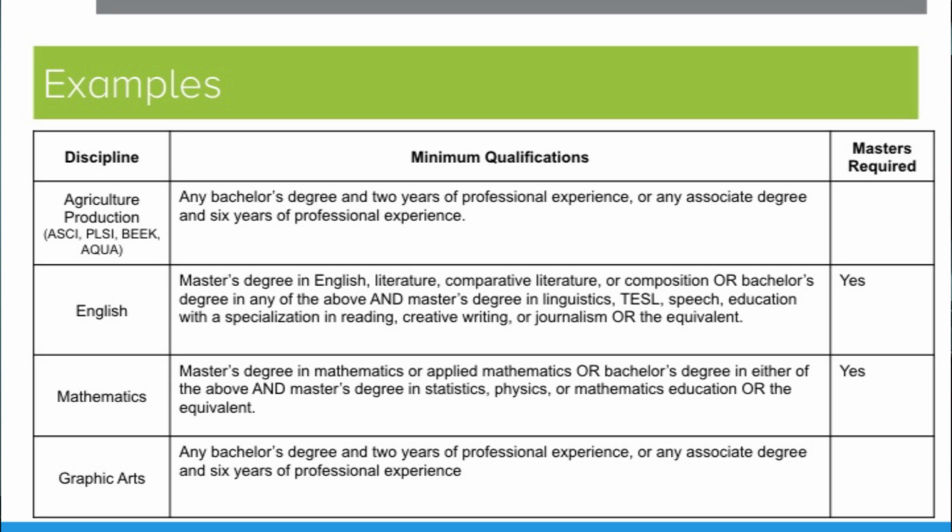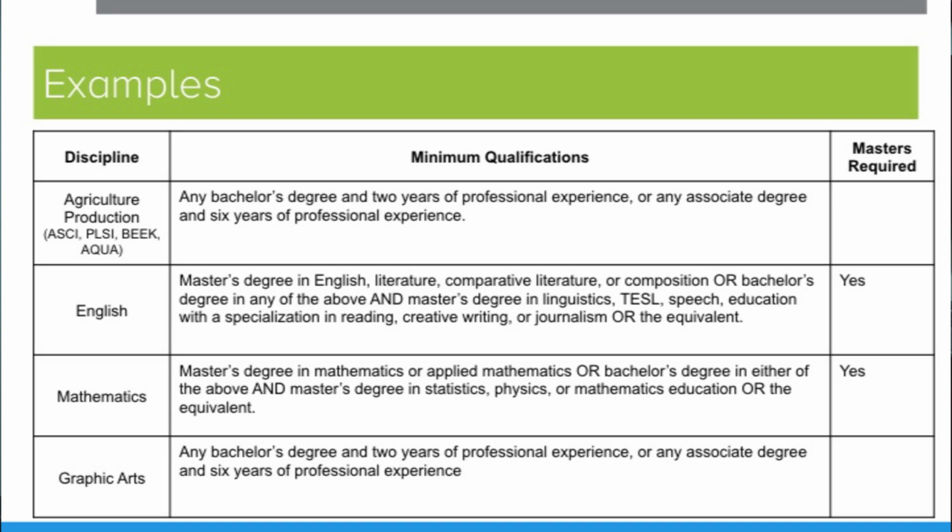And this has really been an area of concern for our community colleges because, especially in our CTE disciplines, there's difficulty in finding faculty that meet minimum quals in these CTE areas, especially in the area of professional experience. And it is sometimes problematic to find someone in industry who has both the educational qualification and the professional qualifications.